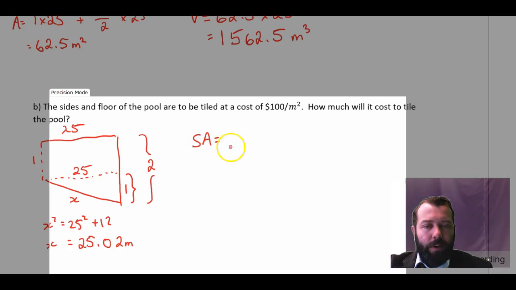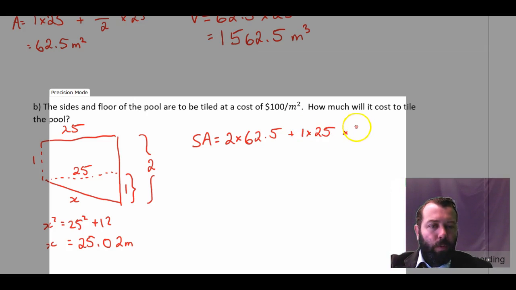Now my surface area. Can we remember all of the different things? There are my sides, 62.5, 2 of those. There's the wall at the shallow end, which is 1 by 25. There's the wall at the deep end, which is, oh, it's not 1 by, it's 2 by 25.